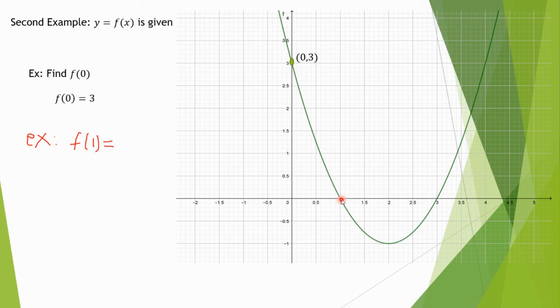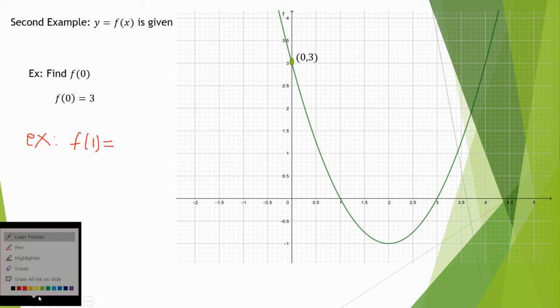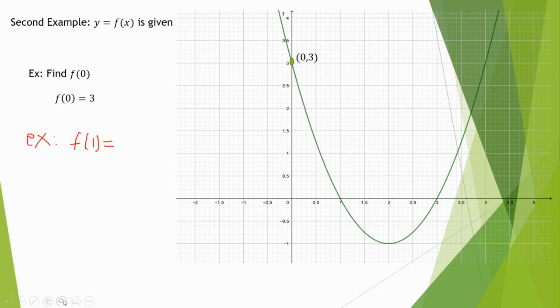Now notice, since the graph is directly on the x-axis, this point is (1, 0). So f of 1 here is 0. Because the graph is on the x-axis, you don't go up or down to get to the graph. So f of 1 is 0.